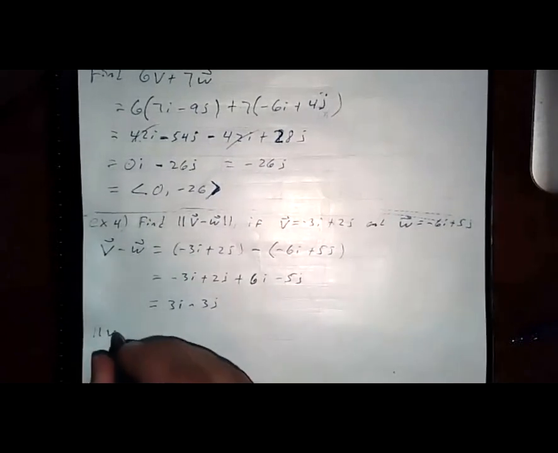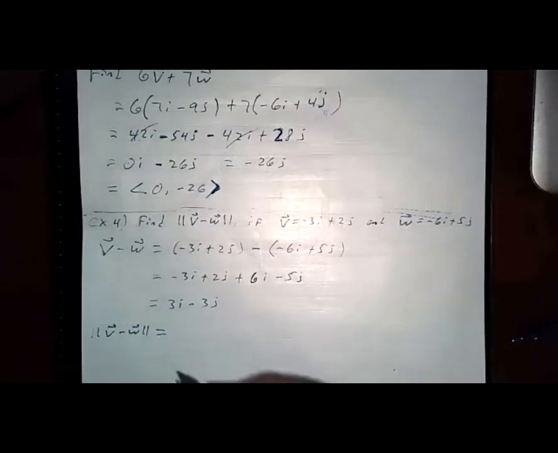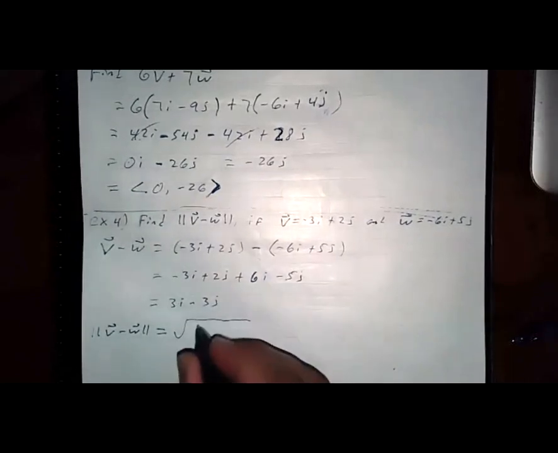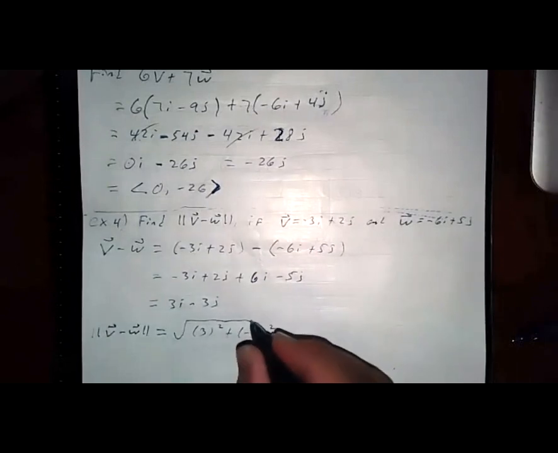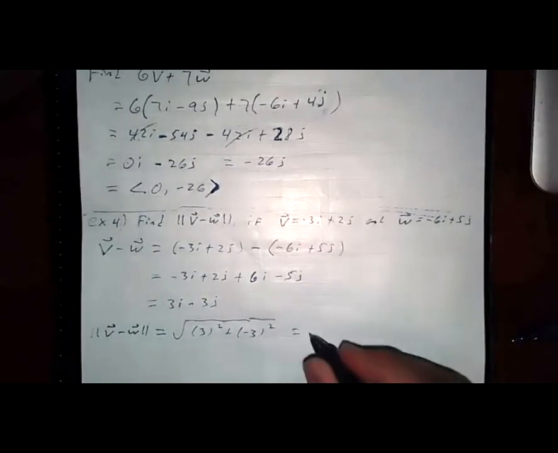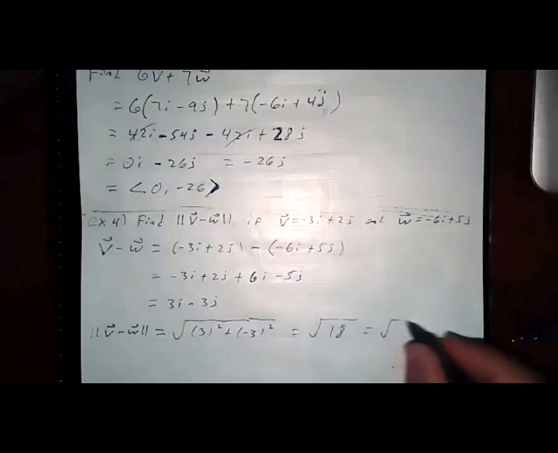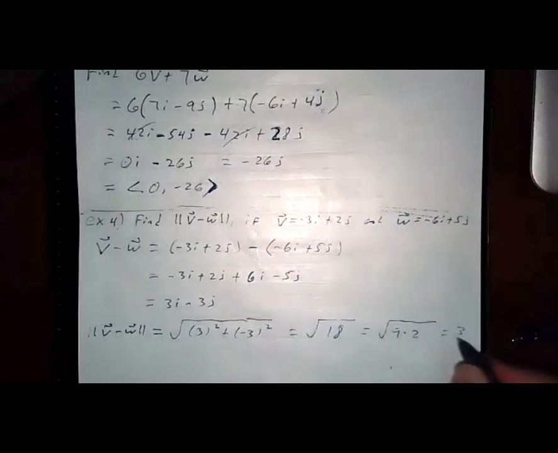So the magnitude of this new vector that we found is equal to the square root of 3 squared plus negative 3 squared, which will be square root of 18, which is square root of 9 times 2. So that would be 3 root 2.